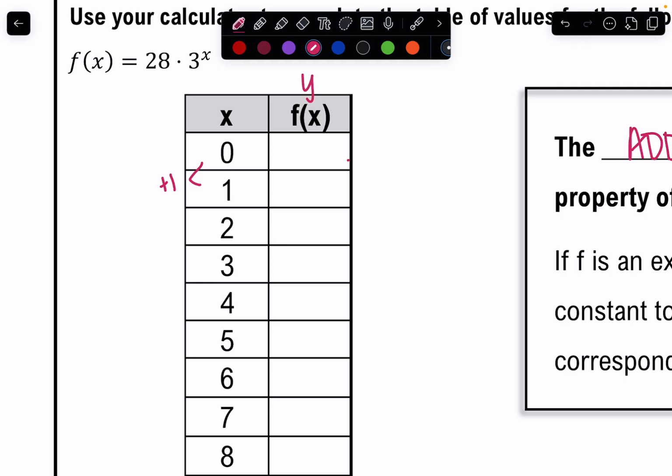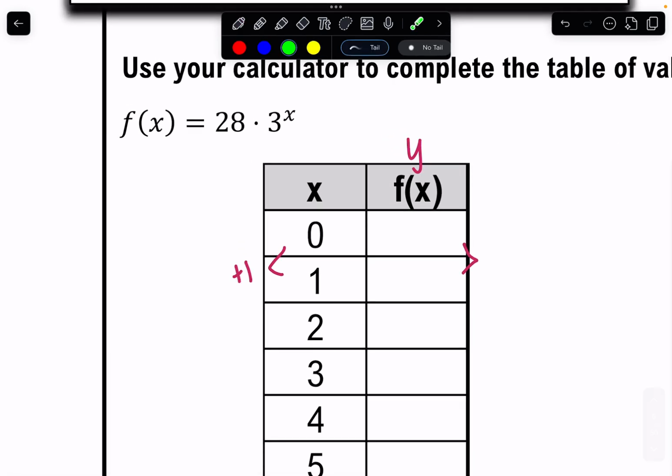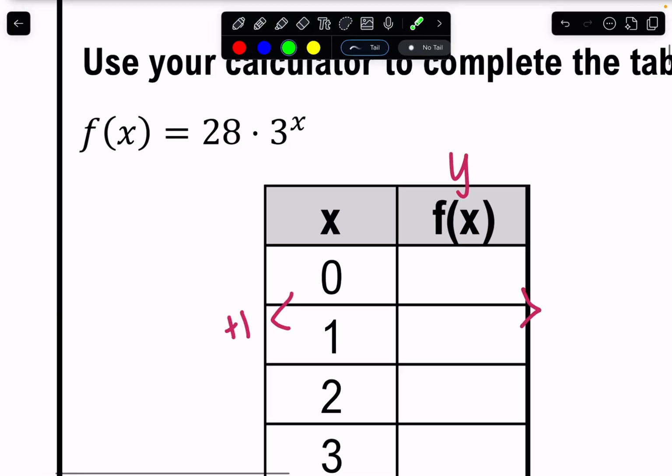So we should see some multiplication difference, and we can do some of this in our head from the beginning, but we can use our calculator here.